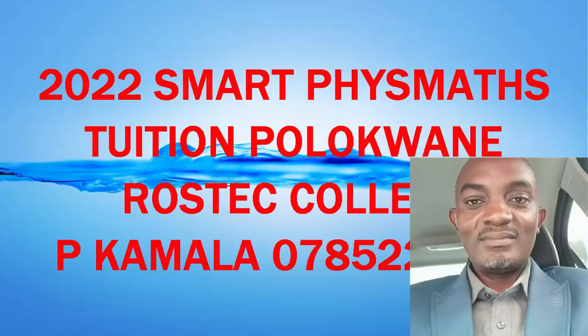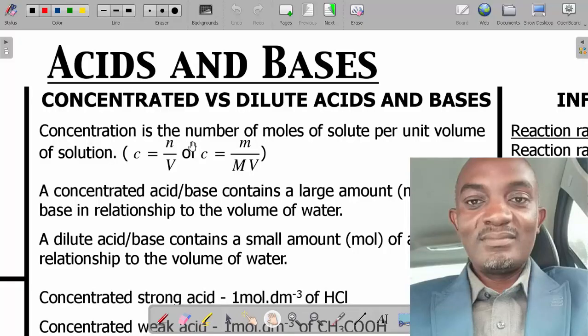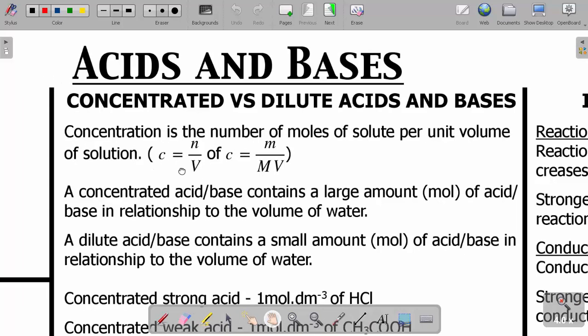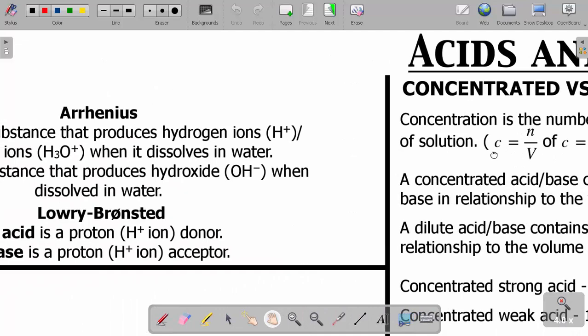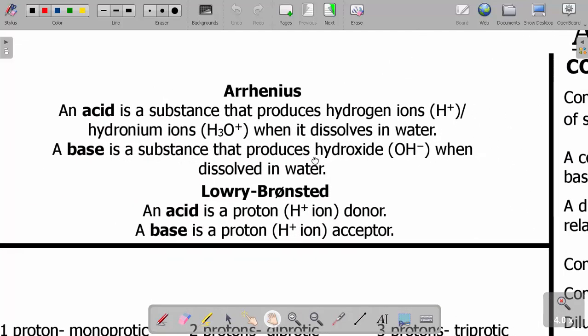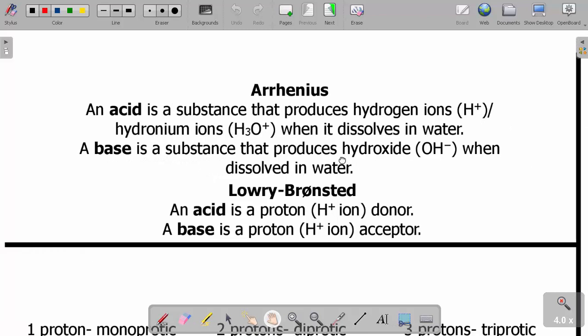Okay. Now, this is the last topic for this term, for the year actually. Acids and bases. We have terms which we need to understand this topic properly. Acids were discovered a long time ago by different kinds of people.